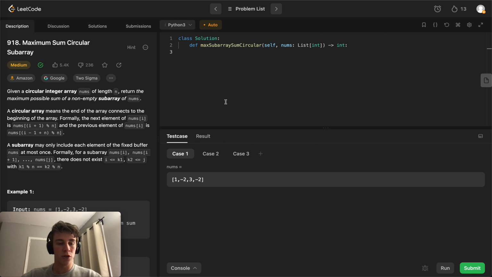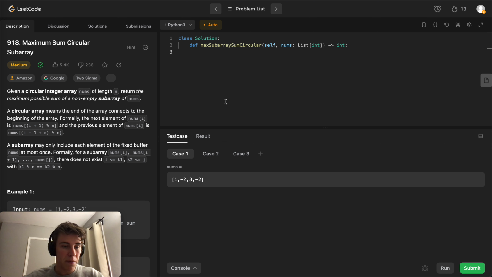Given a circular integer array nums of length n, return the maximum possible sum of a non-empty subarray of nums. So it seems like the only twist on the original question with Kadane's algorithm is that the array we're given is circular.